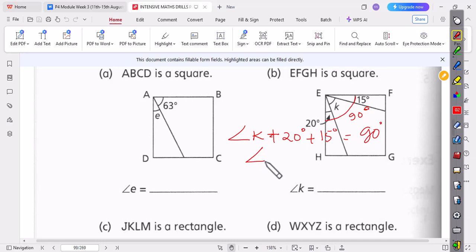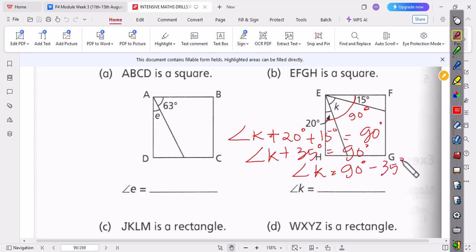Angle K plus 35 degree equal to 90 degrees. So angle K must be 90 degree minus 35 degree.